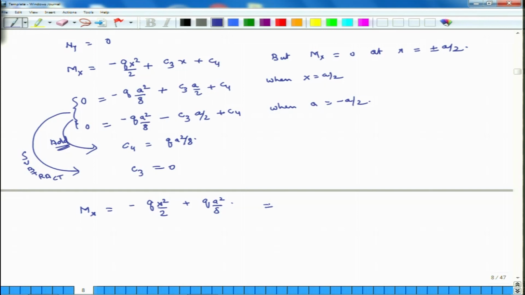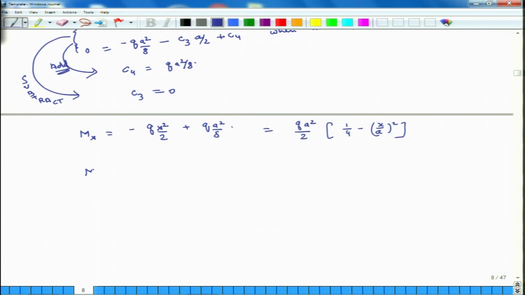Or I can express it in another form: q a square over 2 taken out, and I get 1 over 4 minus x over a whole square. So, mx is equal to q a square over 2 times 1 over 4 minus x over a whole square.